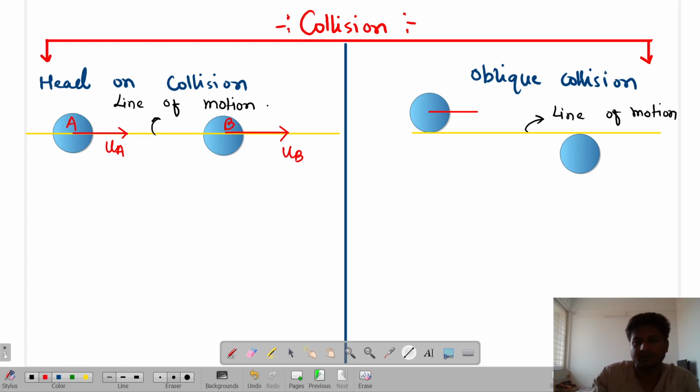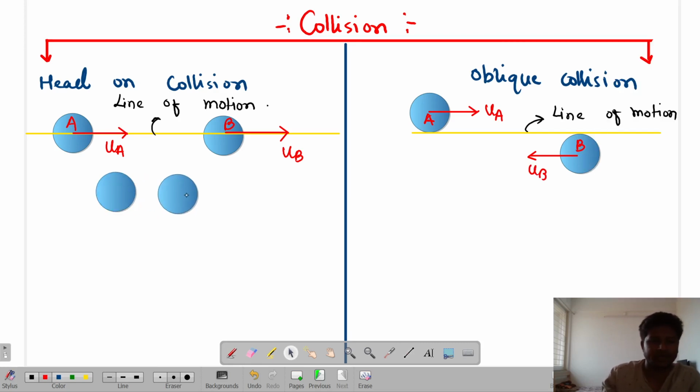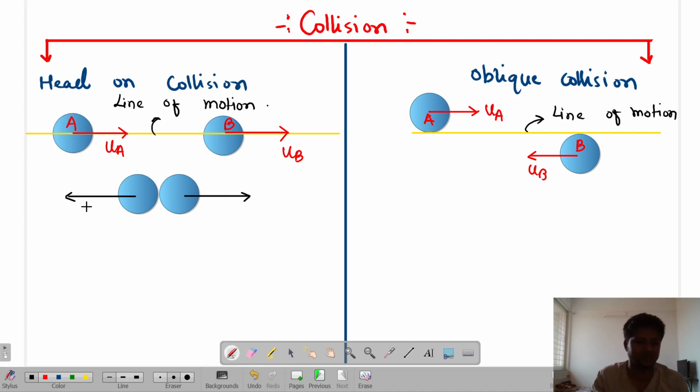Now let's suppose they have some velocities in equal and opposite directions, U of A and U of B. Now when they collide, what will happen? Let's suppose they got collided. You will see that the normals which are bound to be created for these two bodies are present in such a way that they are parallel to the line of motion itself, isn't it?